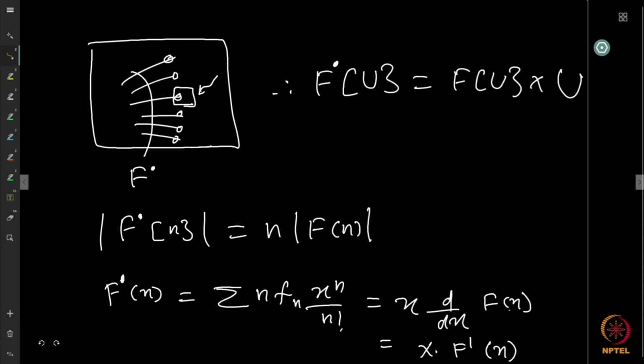You take the derivative, multiply with an x, and you get this form. But d by dx of F of x is the generating function for F dash of x, and x is the generating function for the species of singletons. So you can see it as the product of the singleton species and the derivative species of F. So F dot of x is basically x times F dash of x.